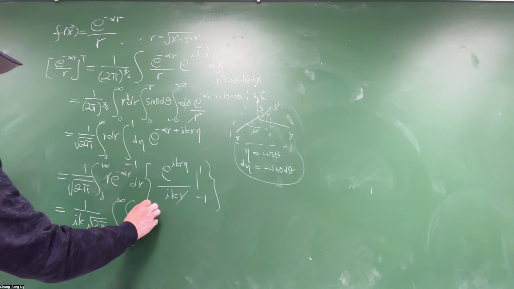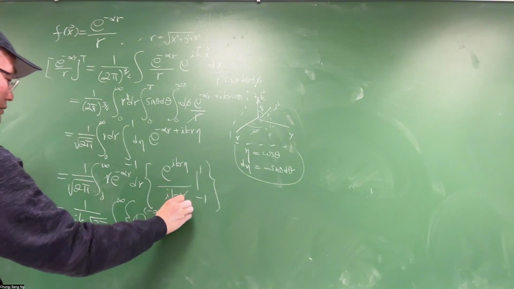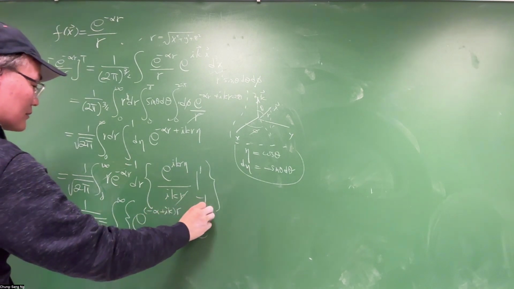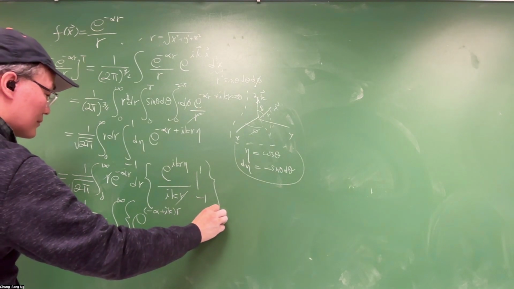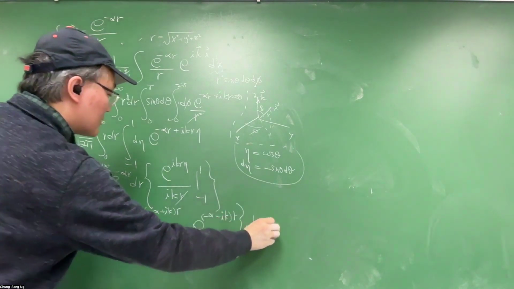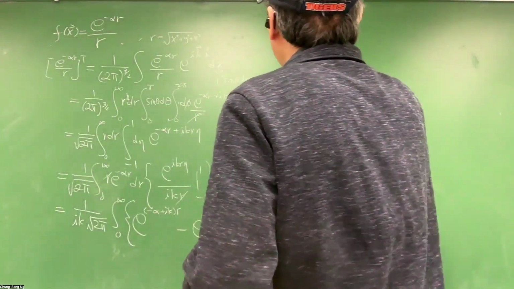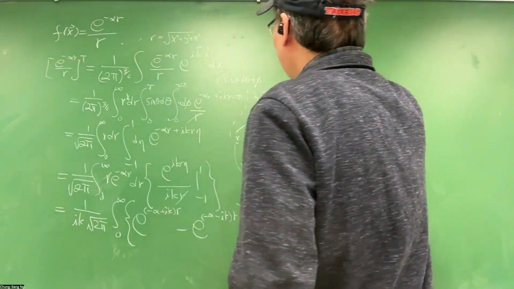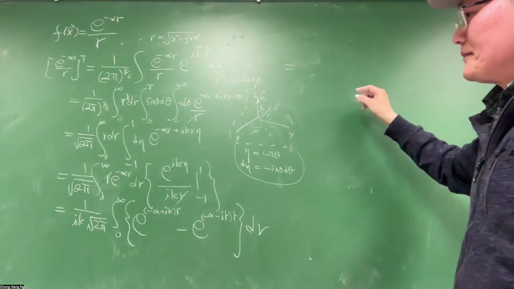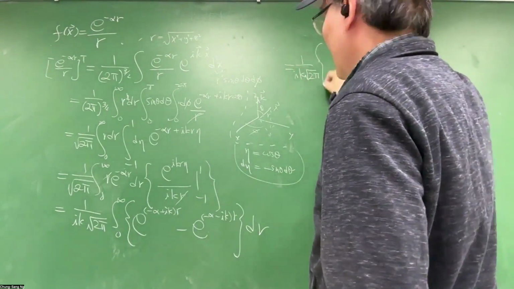So there are two terms: e to the minus alpha plus ik r, minus e to the minus alpha minus ik r. Now these two are all elementary. Copy everything, and two terms.